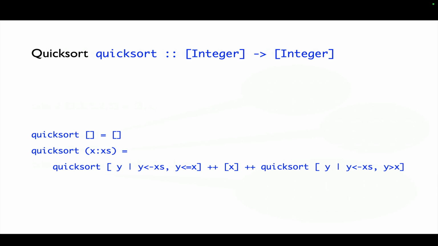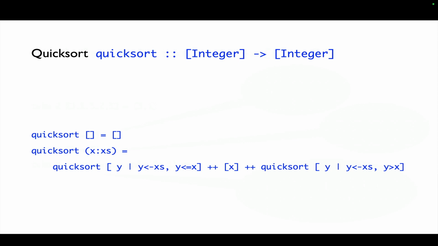And finally, we have what I think is a lovely algorithm for what's called quicksort. Quicksort takes a list of integers, or a list of anything that we can sort, in fact, and returns that list sorted in ascending order. What does quicksort do? It says, first of all, on an empty list, we return an empty list.